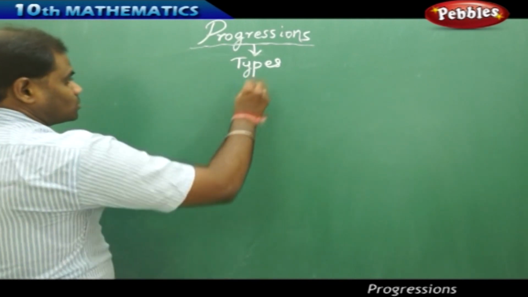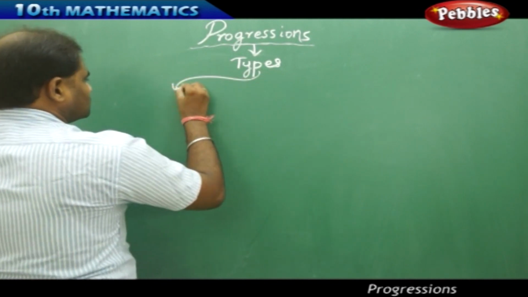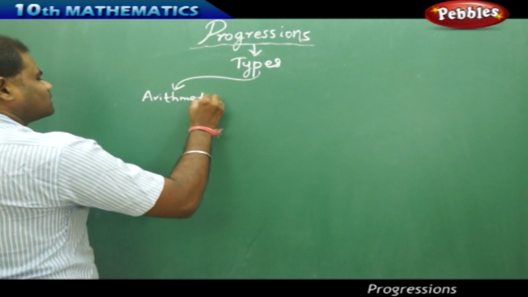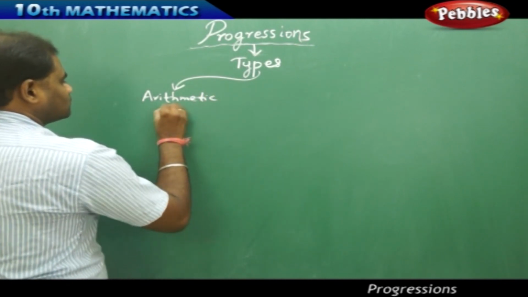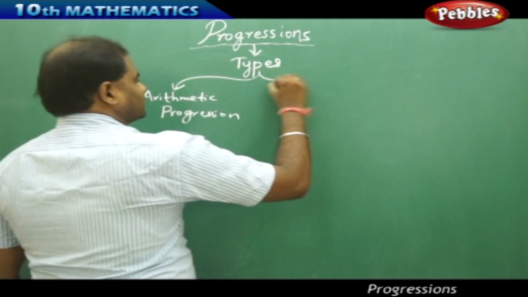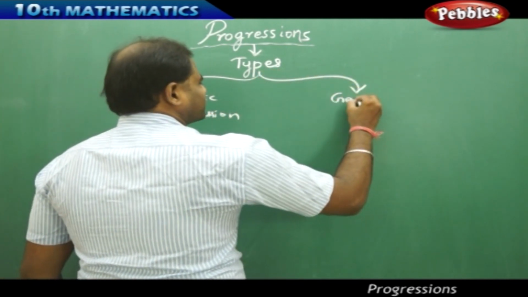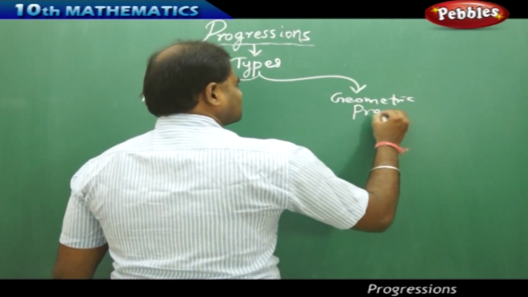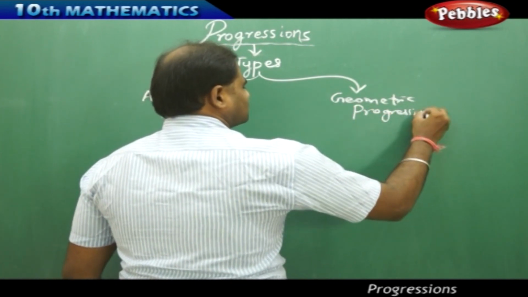So in progression, there are two types of progressions which we are going to discuss mainly in the session. So the two types are the arithmetic progression and the geometric progression.